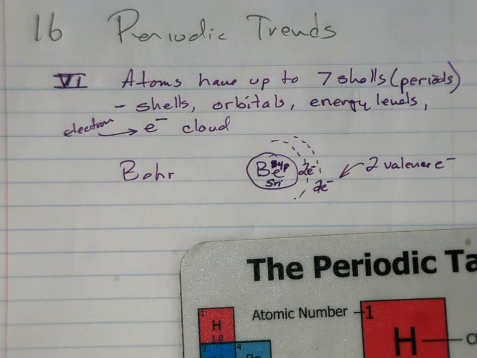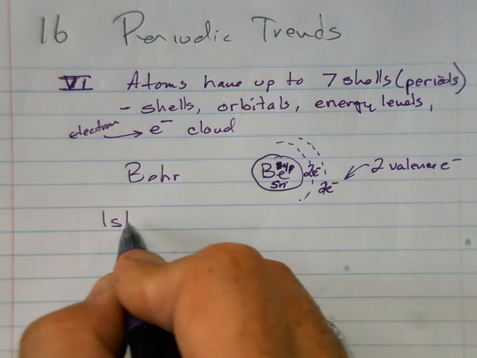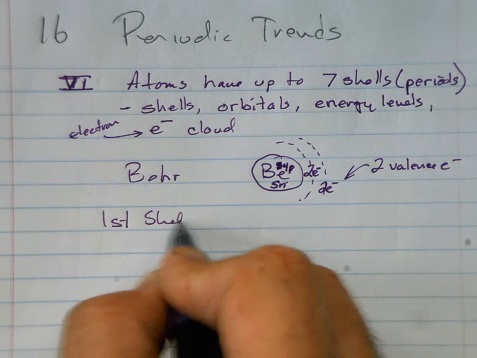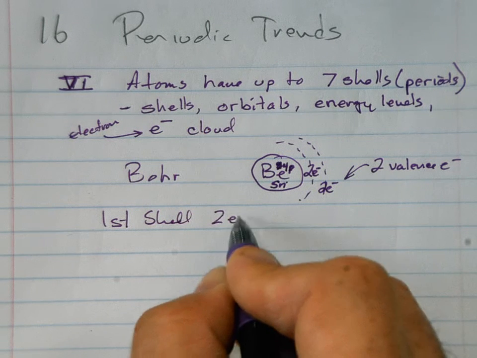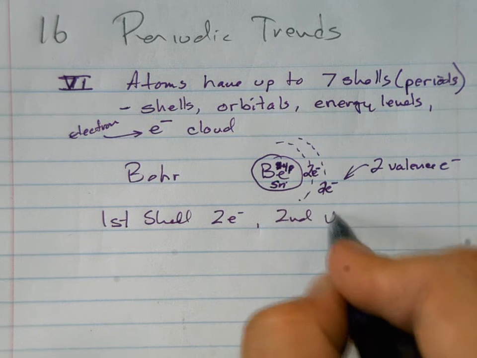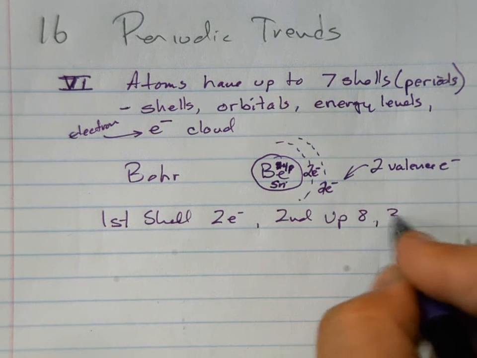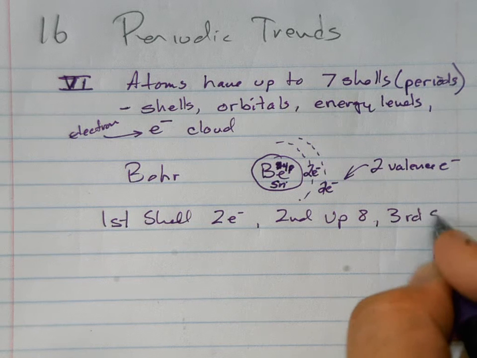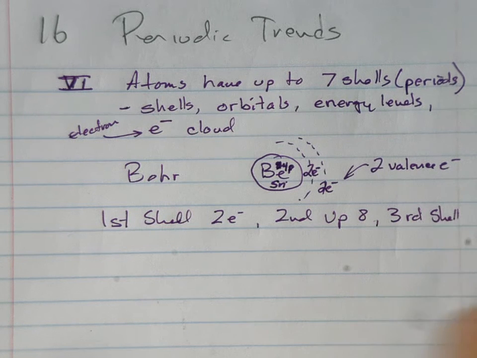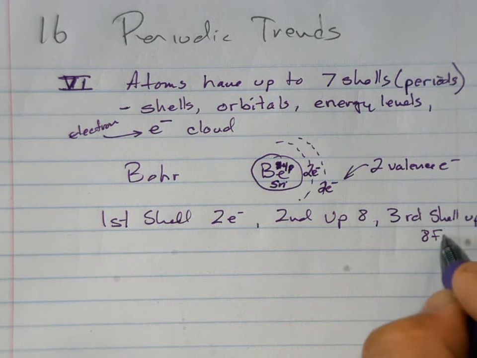So let's see, moving on. Just a simple reminder when we do this, the first shell, up to 2 electrons. Second shell, up to 8 electrons. Third shell, okay, technically it's up to 18, but 8 fills in first.